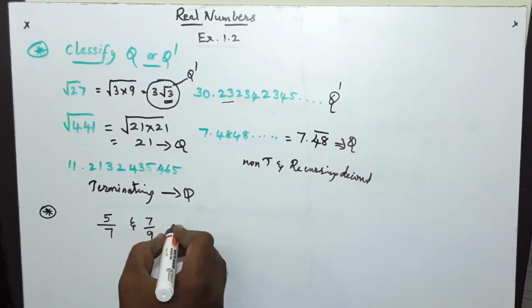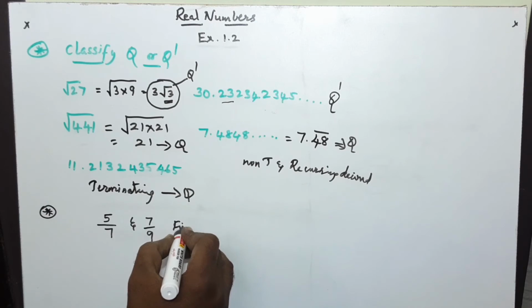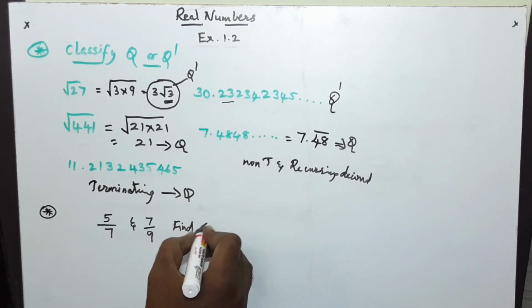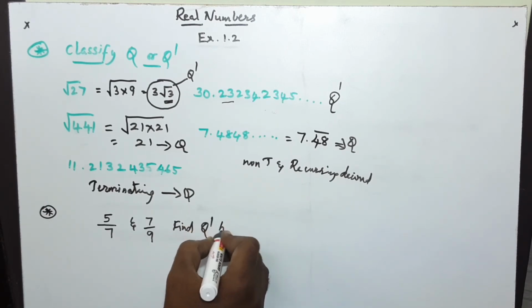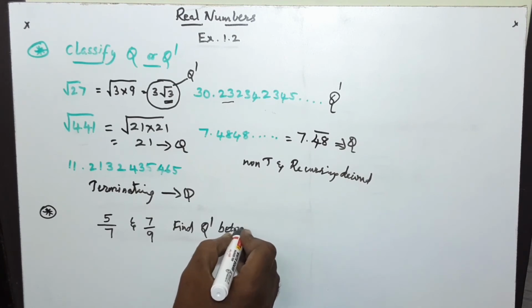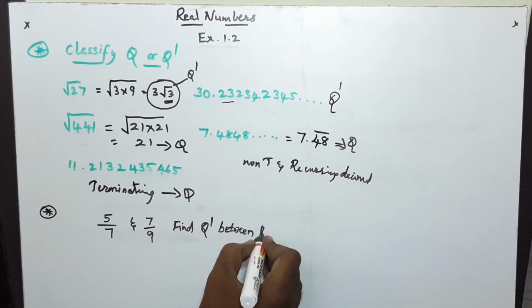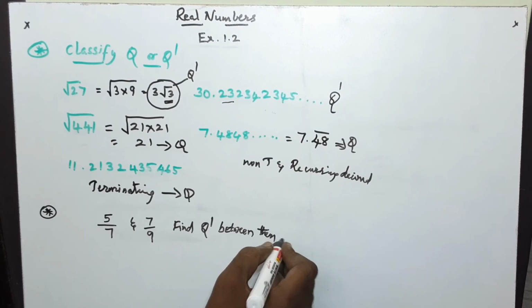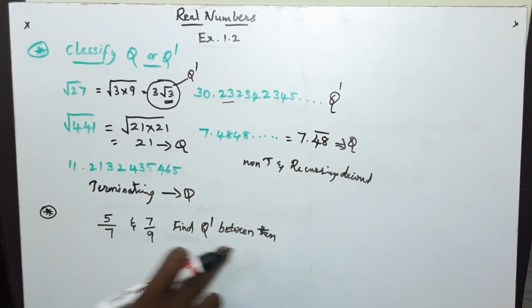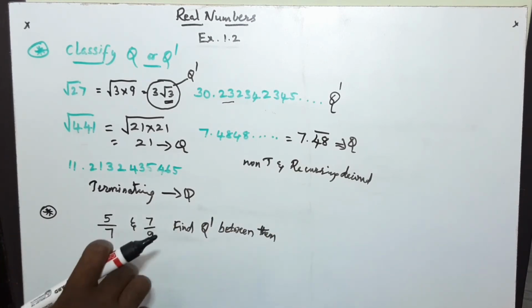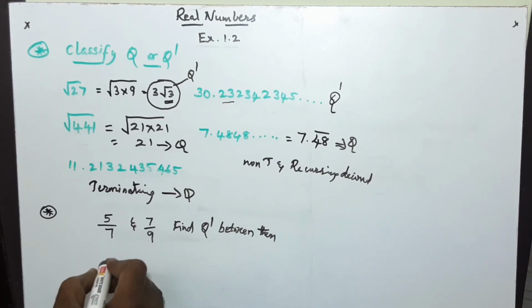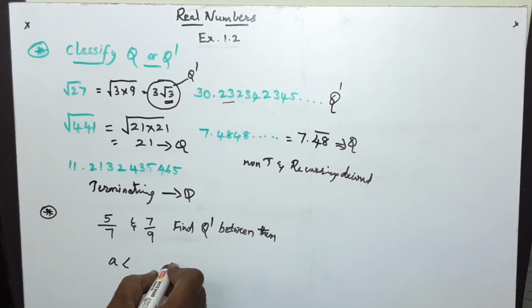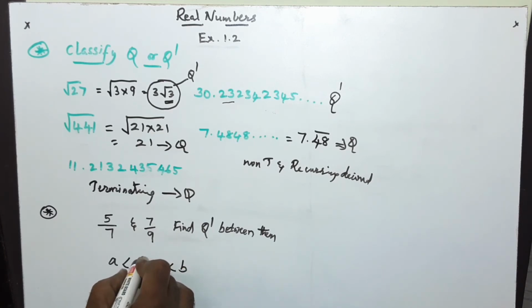We already learned how to find an irrational number between two rational numbers: root of ab.